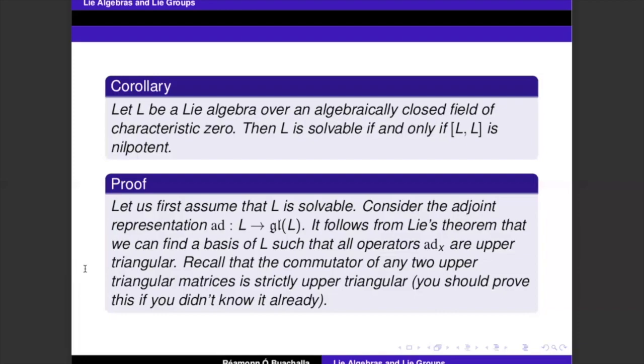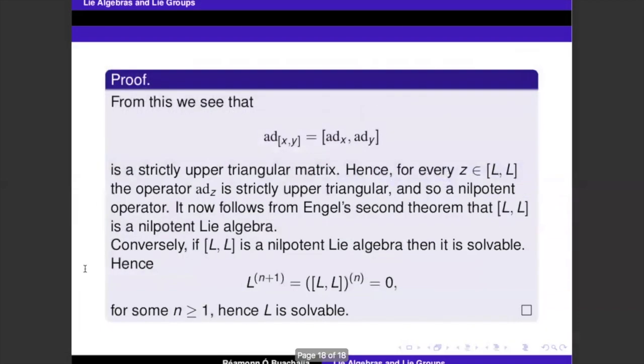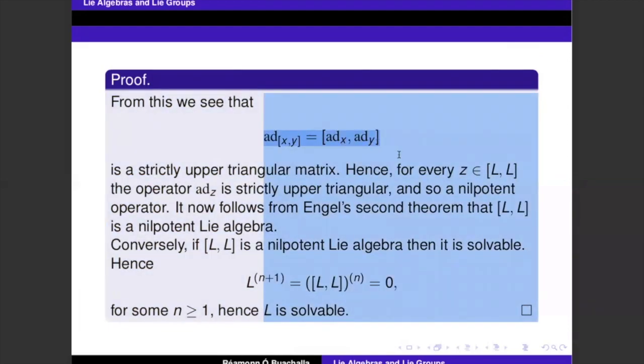Well, what does that mean? That tells us that if we look at the adjoint of the bracket of X and Y, it's a Lie algebra representation, so it's going to be equal to the bracket of the adjoints of these two. Okay, you see what I'm trying to do. And this is a strictly upper triangular matrix.